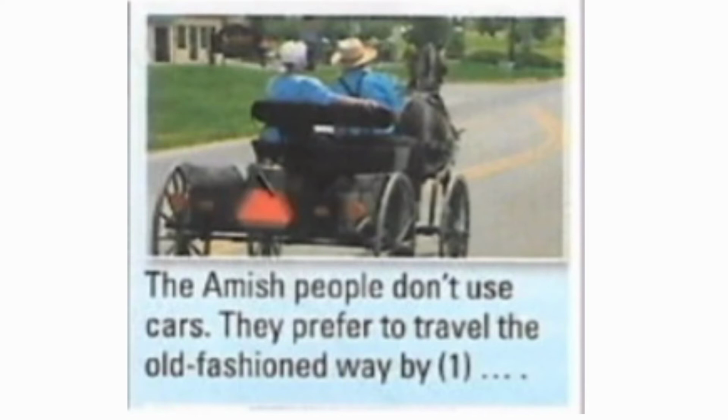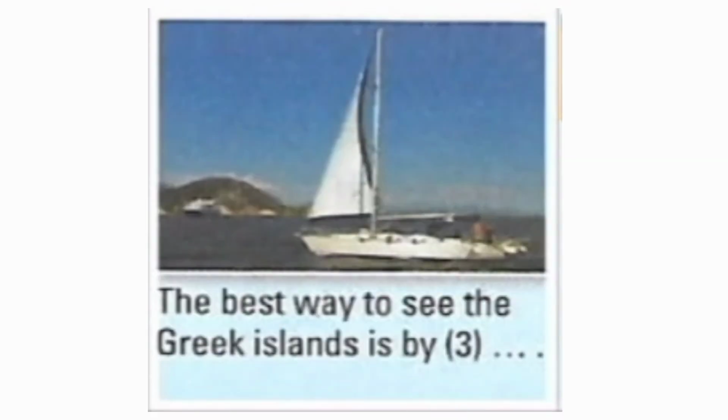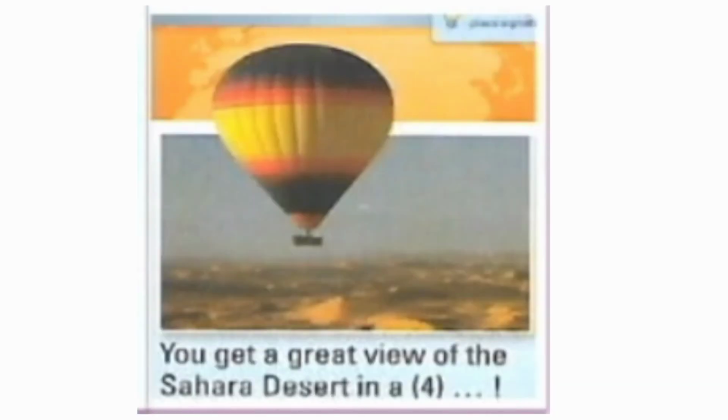The Amish people don't use cars. They prefer to travel the old-fashioned way by horse and carriage. Lisbon is famous for its green form of public transport, the tram. The best way to see the Greek islands is by yacht. You get a great view of the Sahara Desert in a hot air balloon.